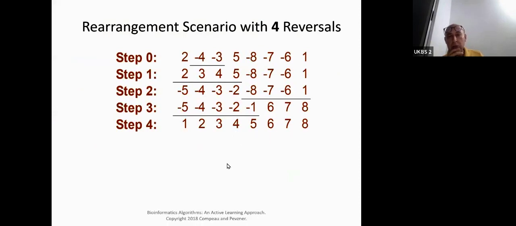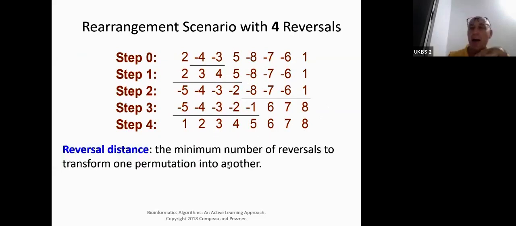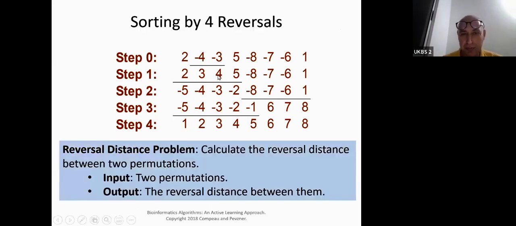And now I show an arrangement with 4 reversals. It is the same sequence, but I'm going to apply only 4 reversals, okay? 2, minus 4, minus 3, 5, minus 8, minus 7, minus 6, 1. I'm going to reverse these 2. Minus 4 and minus 3 became 3, 4.